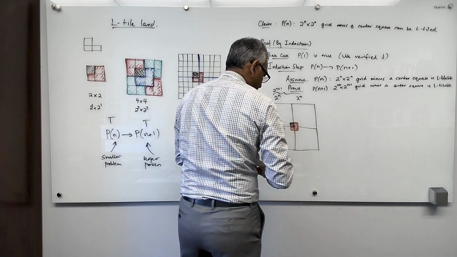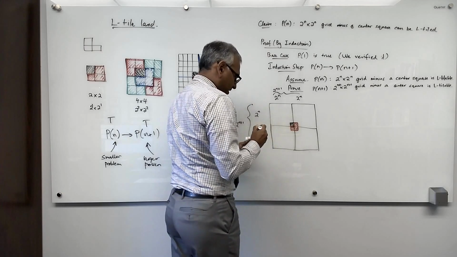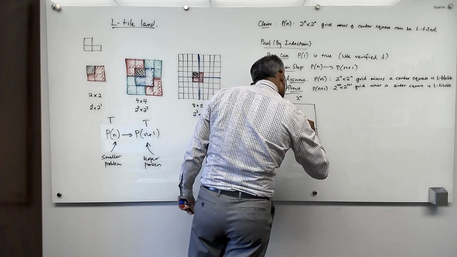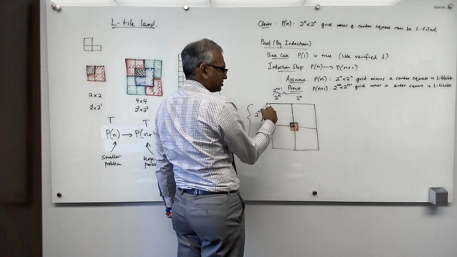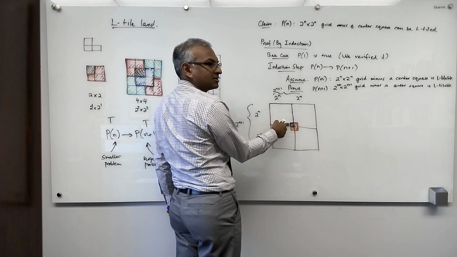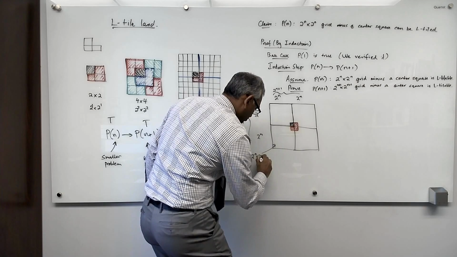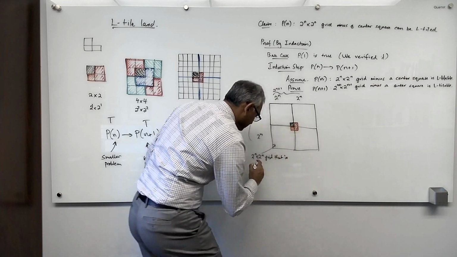It is indeed the case that this is a 2 to the n by 2 to the n grid that's missing a square.